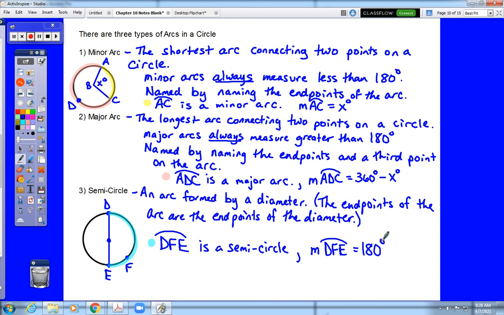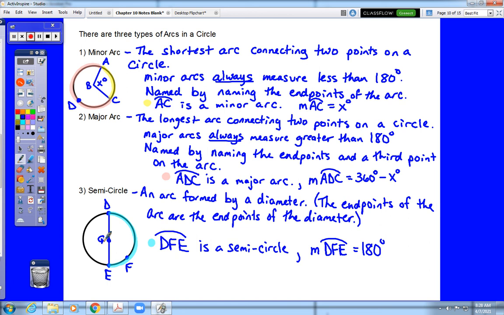Now keep in mind that if I give this center a name, let's say I call the center G, that angle DGE is what kind of angle? What do we call an angle that's equal to 180 degrees? A straight angle.